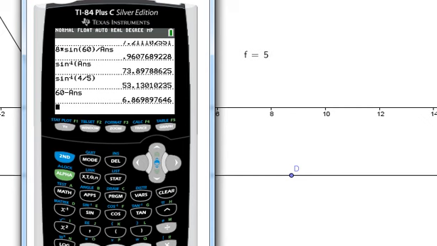So the answer is the traveler is 5 kilometers away from the starting point, and he is in the east 6.9 degrees south direction.